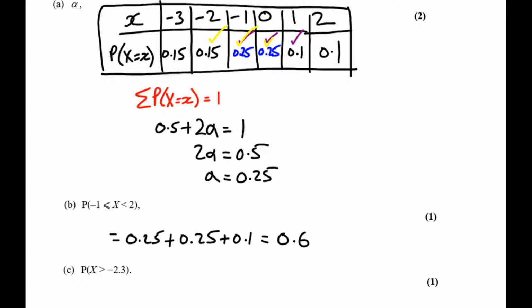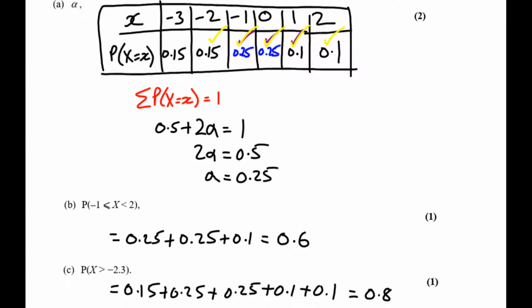So is -1, and 0, and 1, and obviously 2 as well. So the probability here is just the sum of all of the ones that satisfy this condition, or I could do 1 minus the only one that doesn't satisfy the condition. Either way, the answer is 0.85.